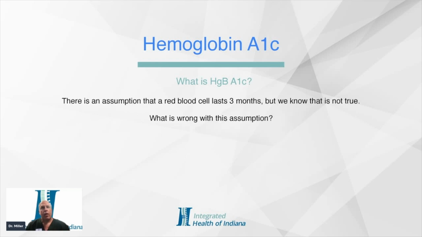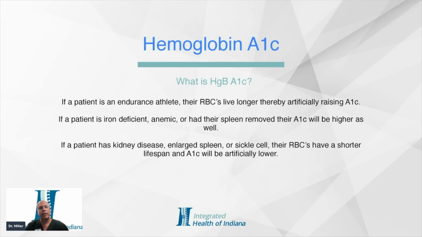So, what is wrong with the assumption? If you have an endurance athlete, like I did Ironman and endurance athletics, all kinds of triathlons, orienteering, adventure racing, that type of stuff, their red blood cells last longer, thereby artificially raising A1c.